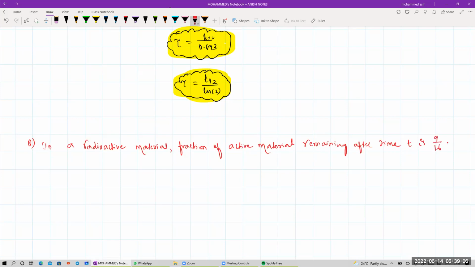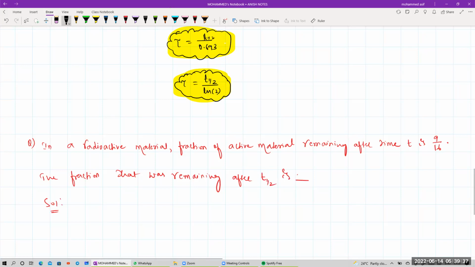The fraction that was remaining after t half is what we need to find.